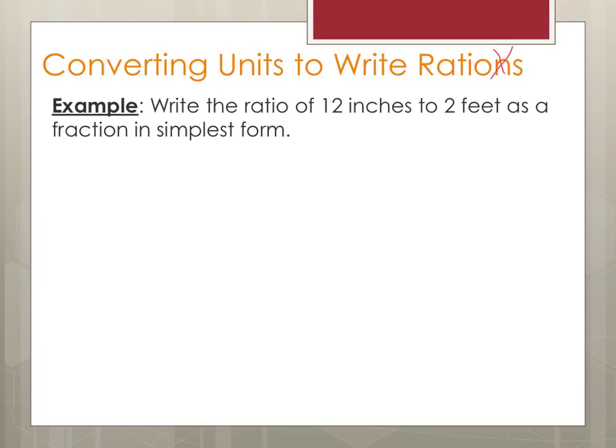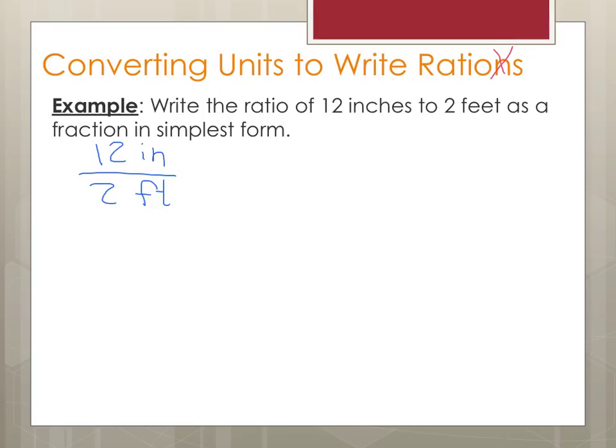So we're going to do this two different ways. First, let's start with the ratio 12 inches to 2 feet. Okay, so we've got inches and feet. We need to convert one of these to get the units equal so they'll cancel out like they did in the earlier example. In this one, I'm going to start by converting inches to feet.